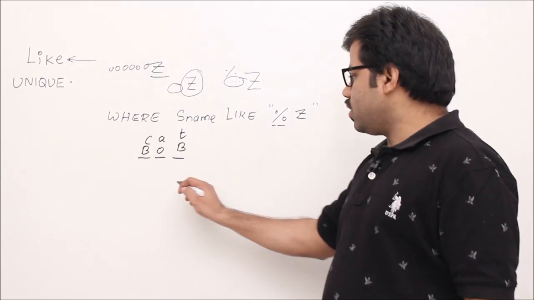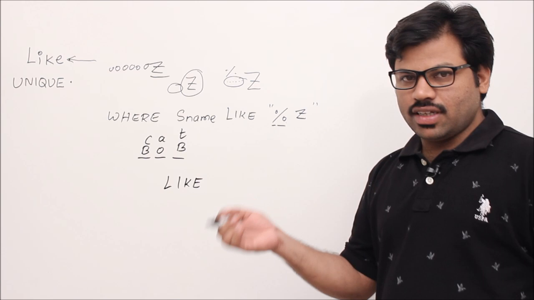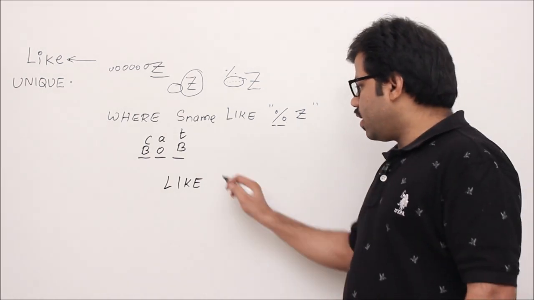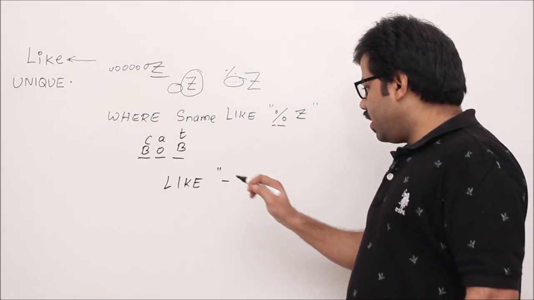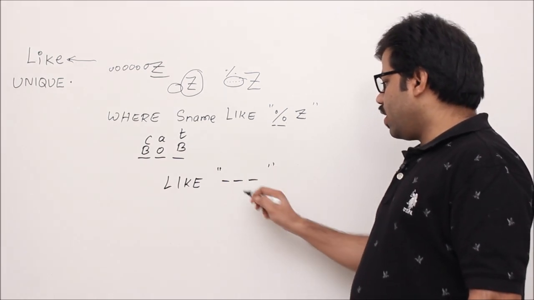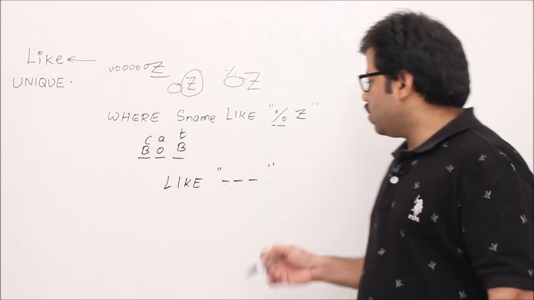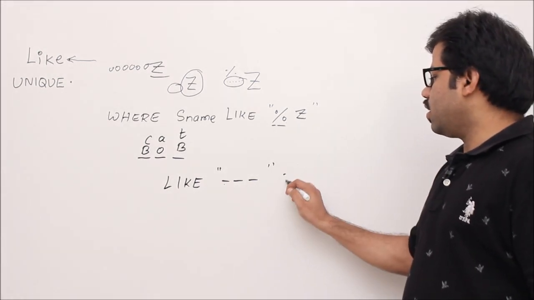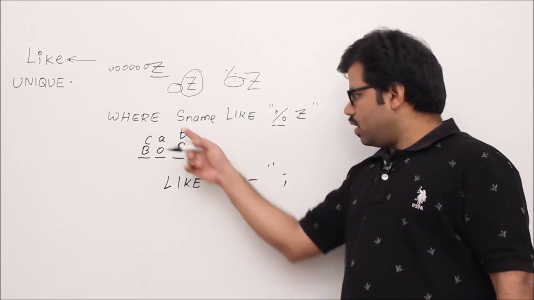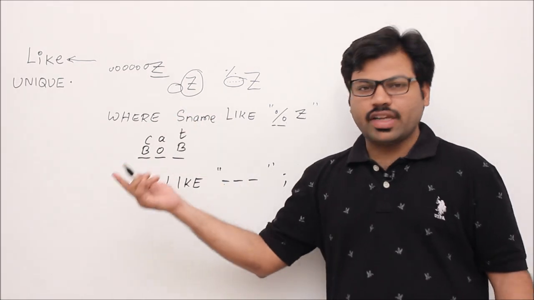For that I write like this: like. Now you understand the usage of the underscore operator. First one anything, second letter, third letter anything. Each underscore represents one arbitrary character. So these 3, that's it. If you write it, all possible 3-length strings which are part of your table will be printed.